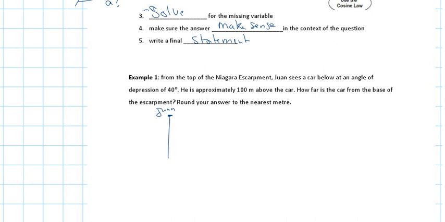So this is the tower and the ground. So how would I draw the ground? Straight, horizontal, right? So what is the angle that's forming between the ground and the tower? Right angle. Okay, here's the car.